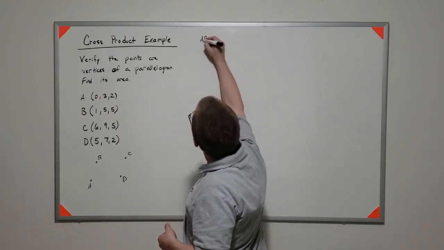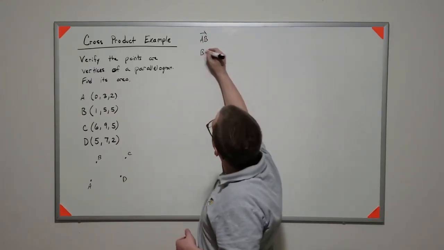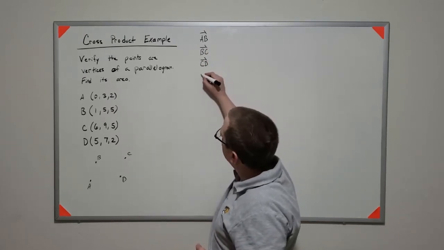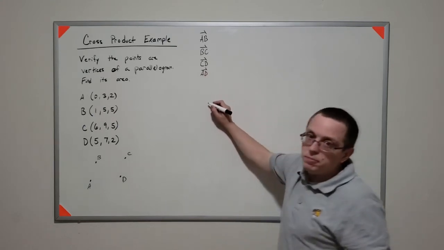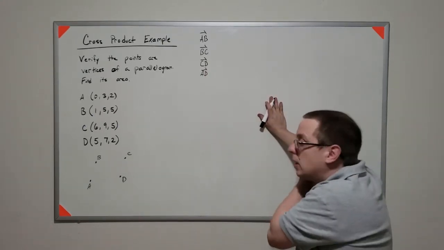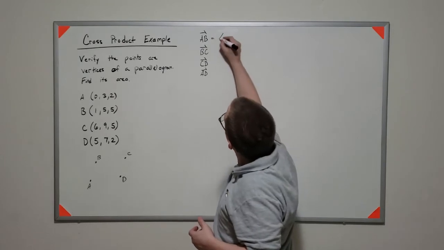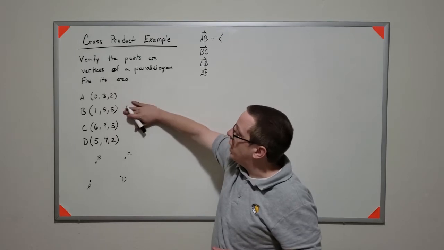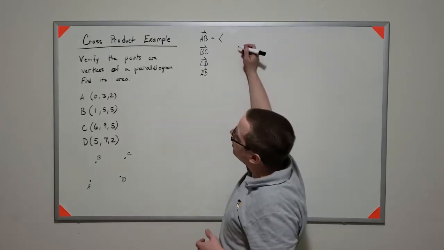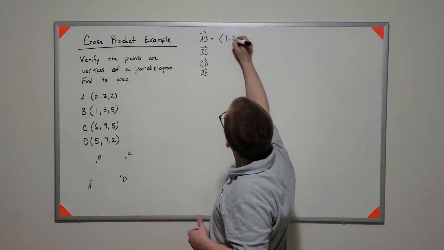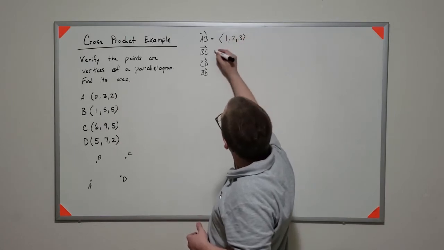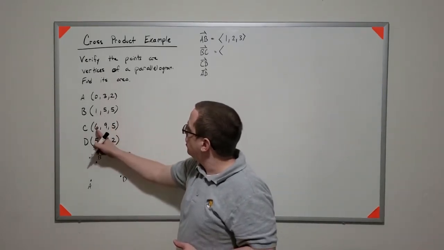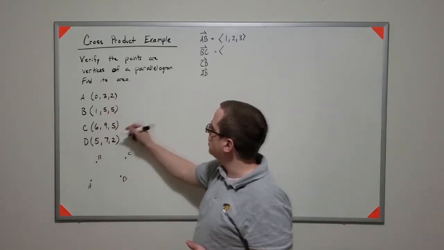Let's get AB. Let's get BC. Let's get CD. And let's get AD. So AB, starting at A, initial point A, terminal point B, will be 1, 2, 3. And BC will be, looks like 5, 4, 0.